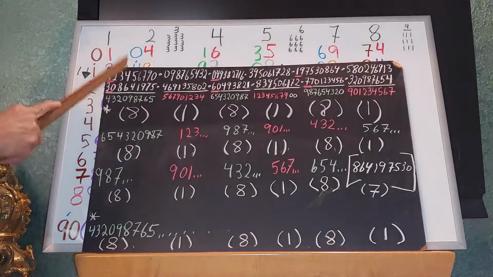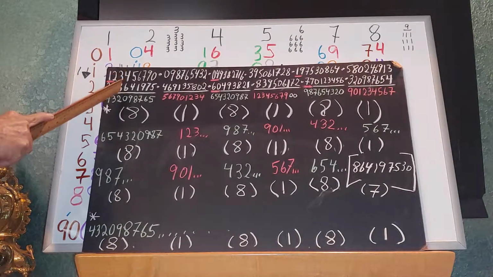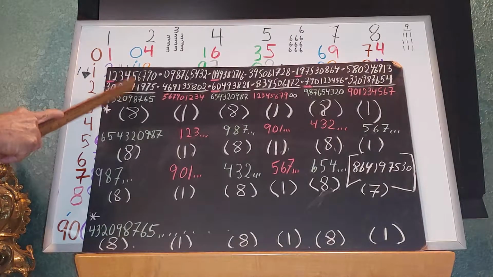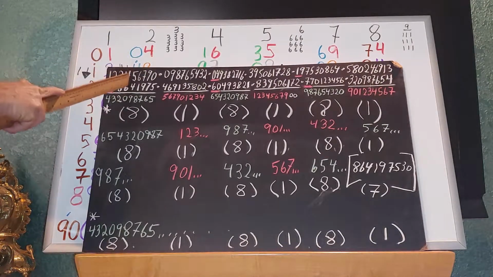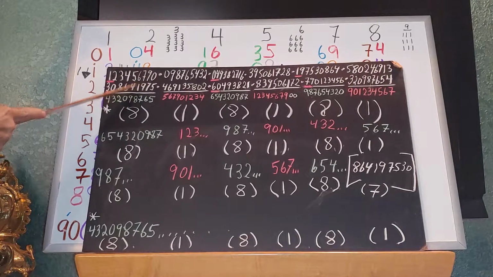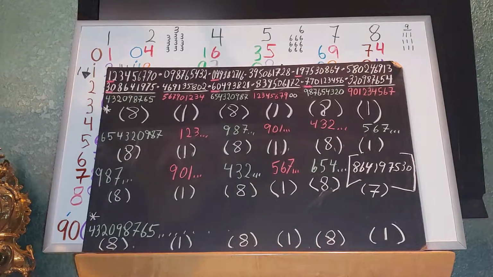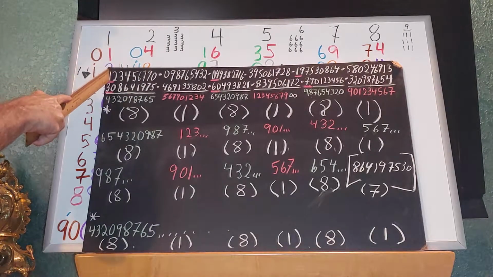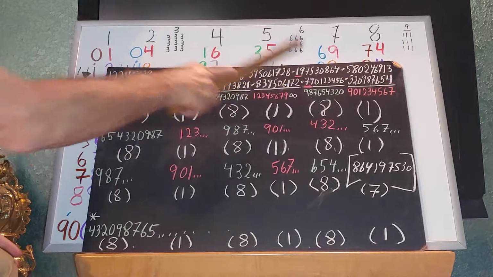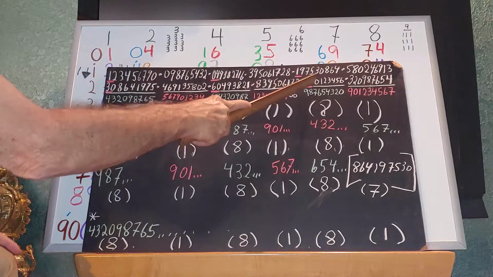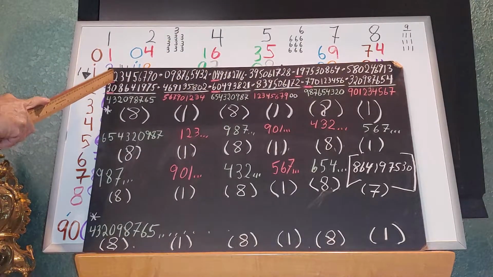However, what it will be doing up here in this sense will be that the 308641 will be on the top, and the 123456790 will be on the bottom, but it will still be 432098765.